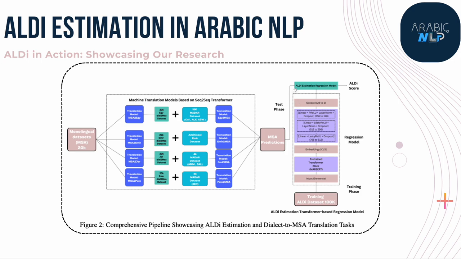So if we focus on the right side, sorry, we can see that we have some data sets that show the sentence either in dialect or MSA, and the percentage which indicates the level of dialectness. Okay.